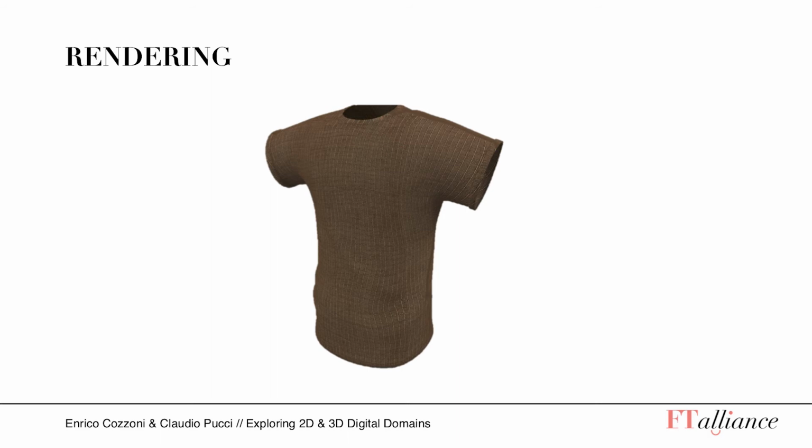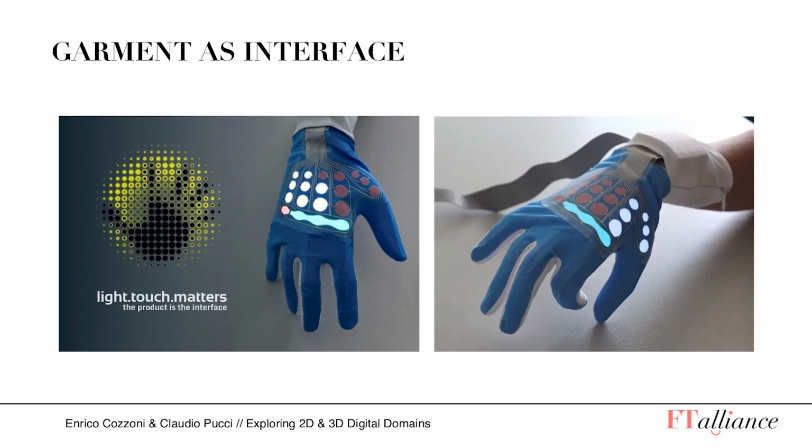Going to the second course, now we shift from the 2D dimension to the 3D dimension. 3D dimension, for us, means mainly interface. We have worked a lot on the concept of garment as interface.